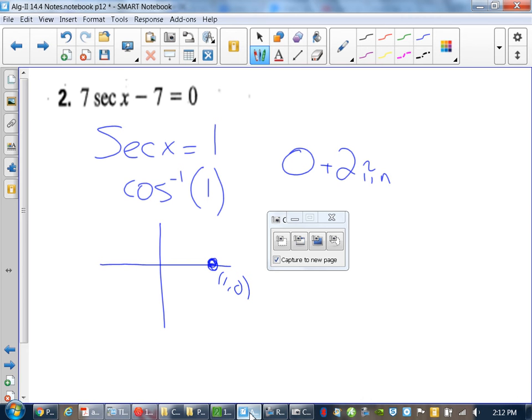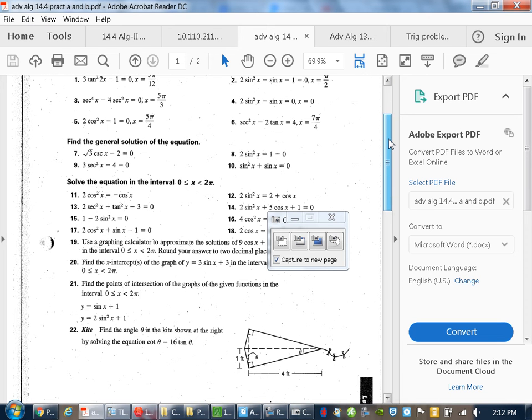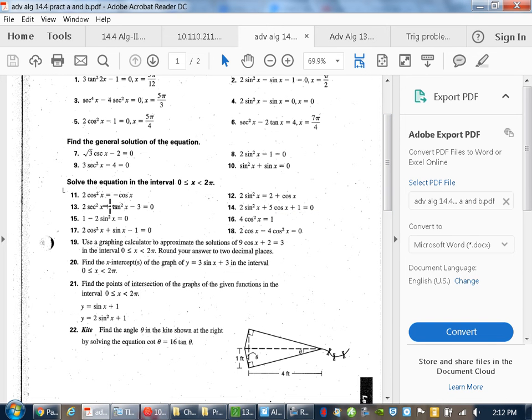Everything else not too terrible with this, is it? Was it on the A or the B side? A. Okay. Oh, sorry, I did the wrong one.